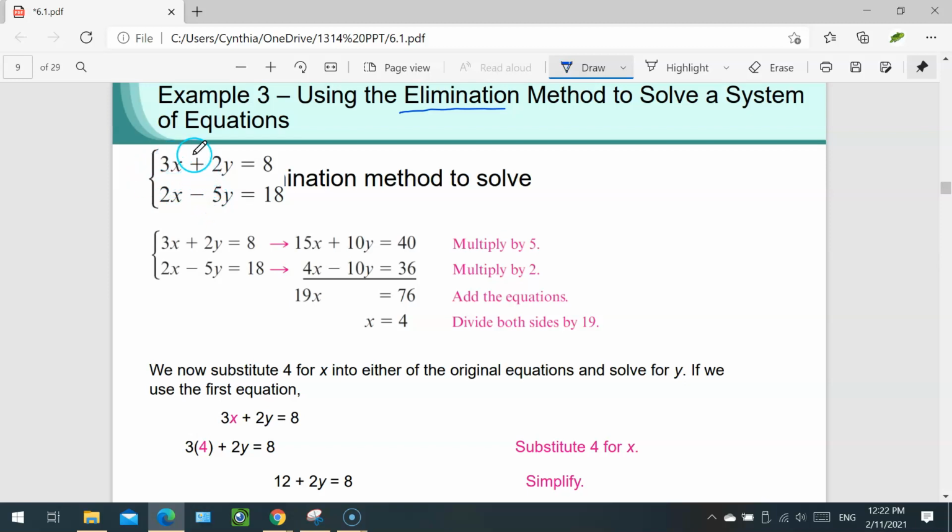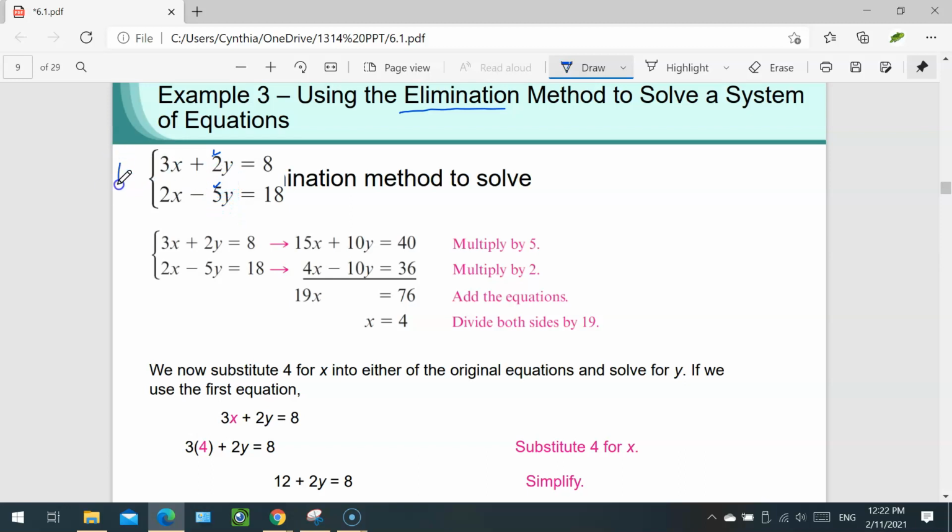So we can do the example here. We have to determine which variable you want to eliminate. If I want to eliminate the y term, that means I have to make the coefficient number of the y term on both equations into the same number, then I can eliminate.